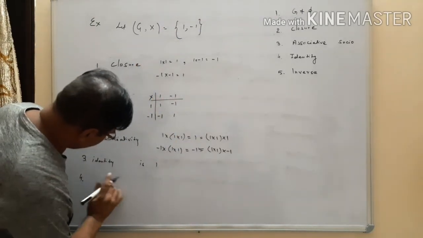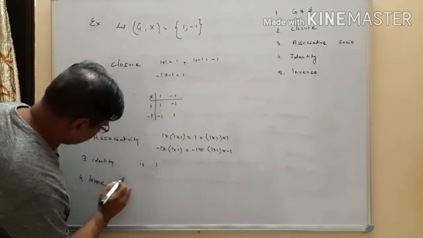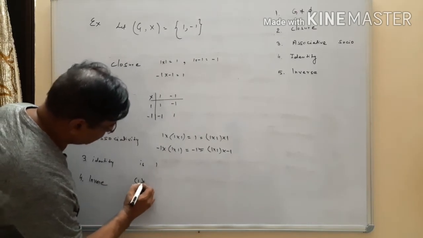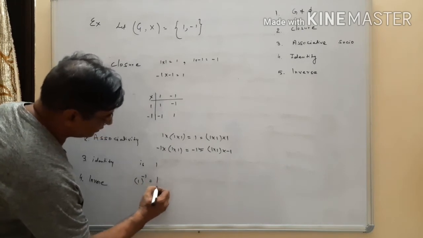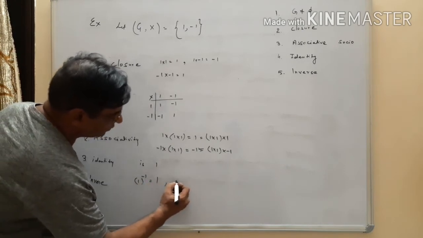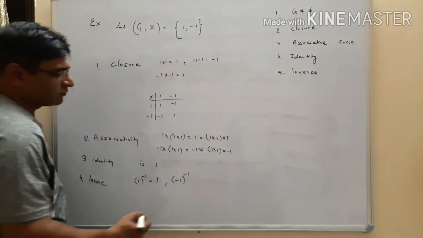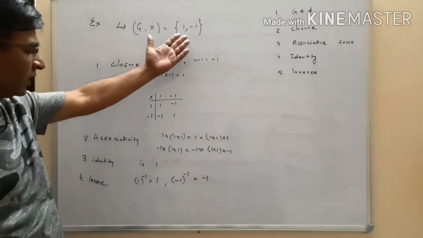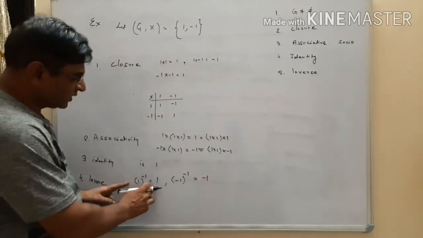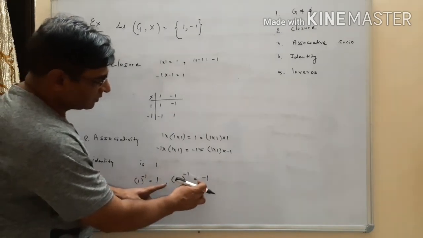The inverse of minus 1 is minus 1. There are only two elements, so the inverse of 1 is 1 and the inverse of minus 1 is minus 1.